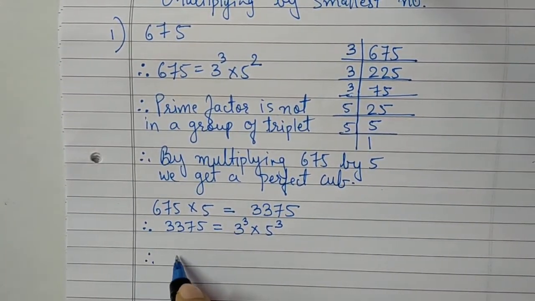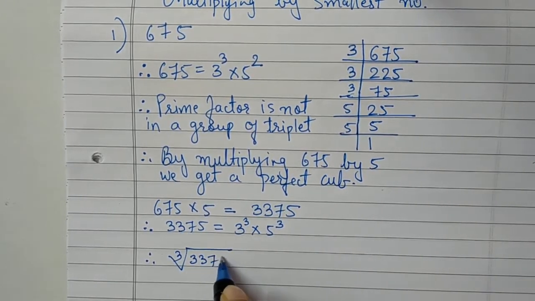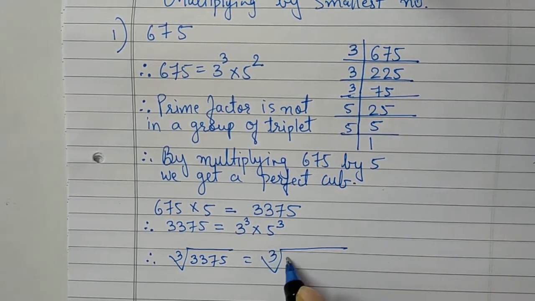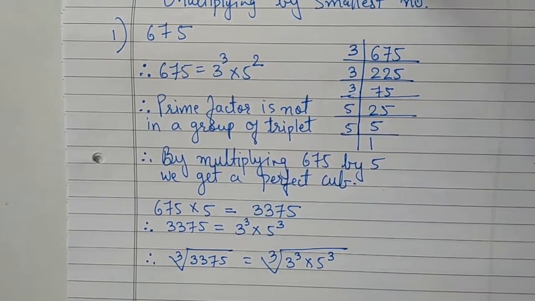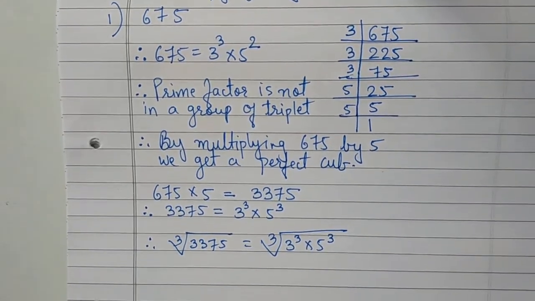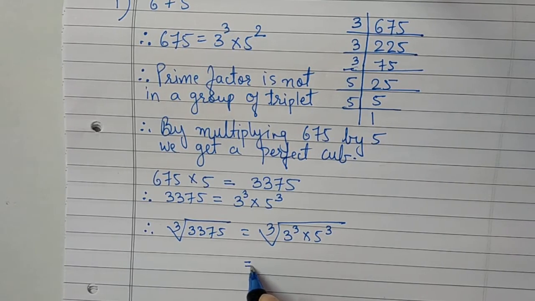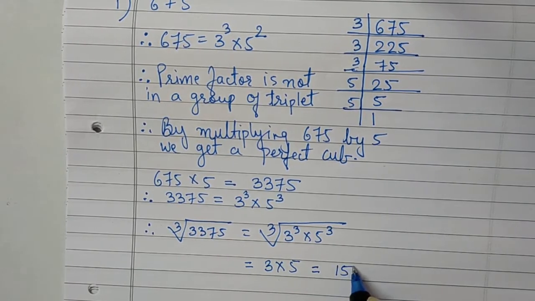Therefore cube root of 3375 will be cube root of 3 cube into 5 cube. From the right hand side we will be removing both the signs, that is of cube and cube root. We get 3 into 5, which is equal to 15.